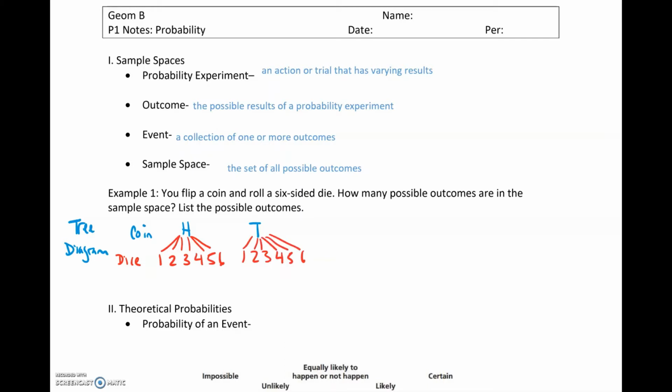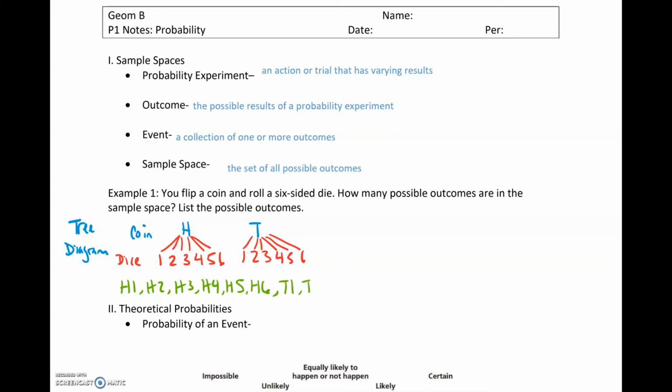So this tree diagram has 2 starting points. Either you flipped heads or you flipped tails. And connecting to either heads or tails, you have 6 possible outcomes from the dice, which gives us this list of possible outcomes. You can have heads and a 1, heads and a 2, heads and a 3, heads 4, heads 5, heads 6.